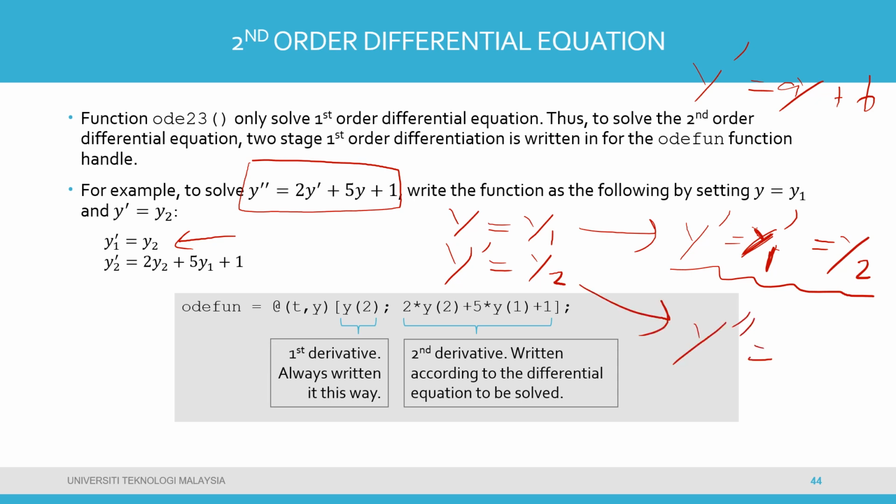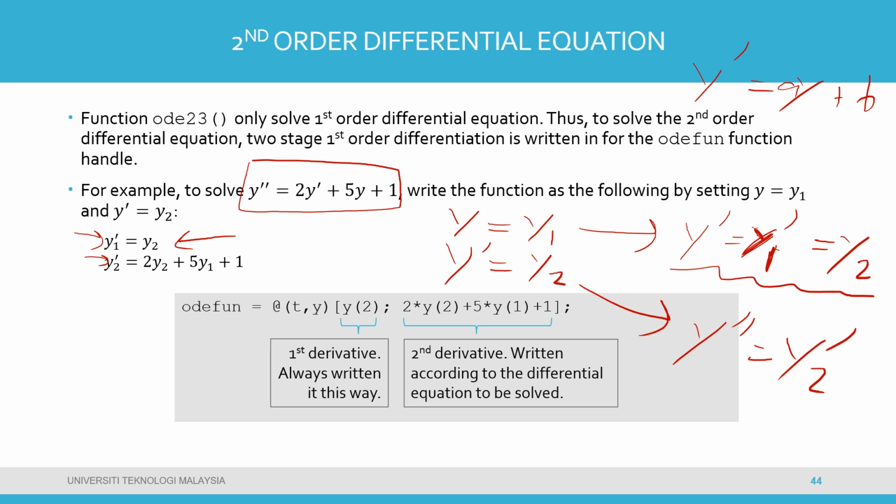You can see here you only have one derivative, first order only. So basically you reduce the second order into a first order.